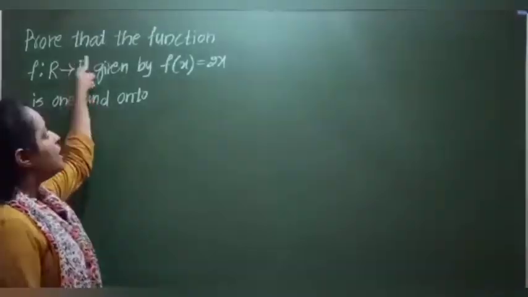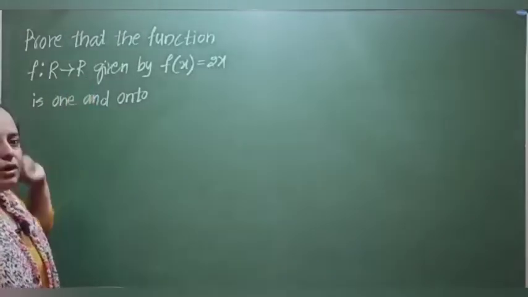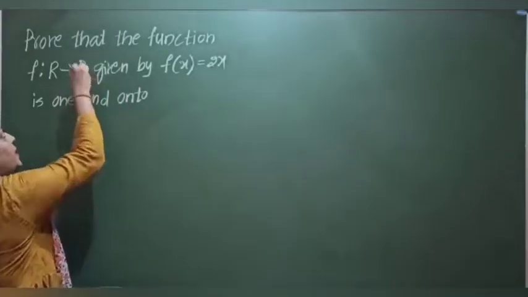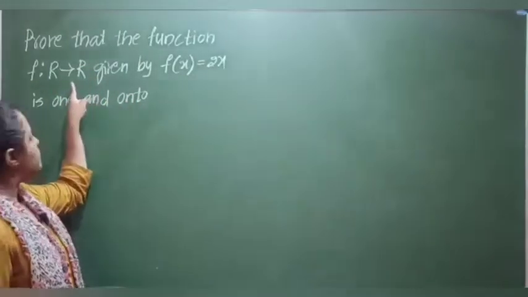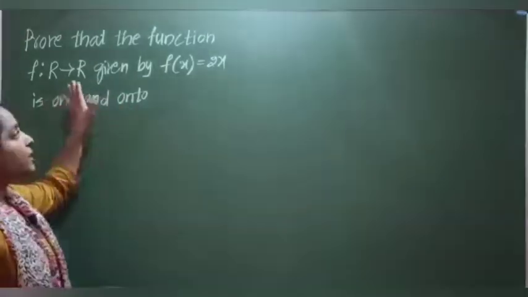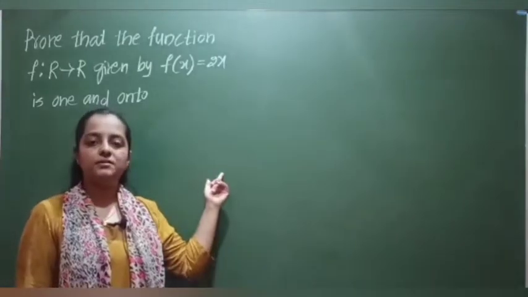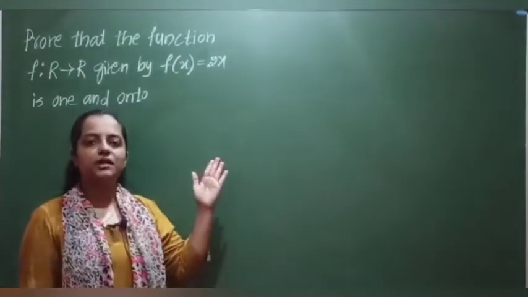The next example is, prove that the function f is a function from the set of all real numbers to the set of all real numbers. So what is a real number? Real numbers include natural numbers, whole numbers, integers, rationals, irrationals.